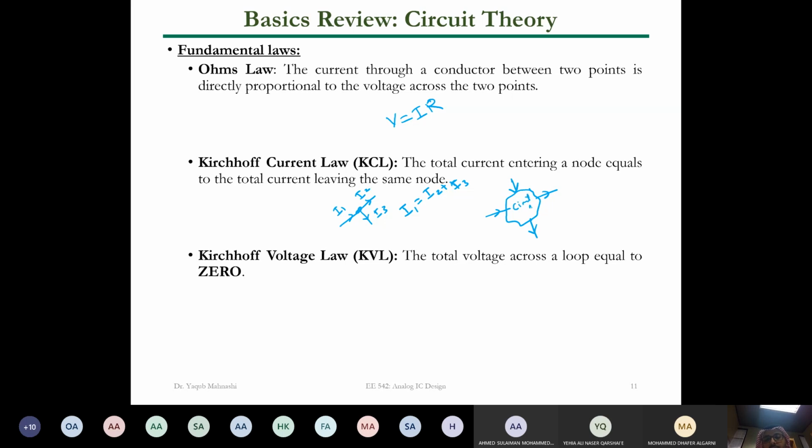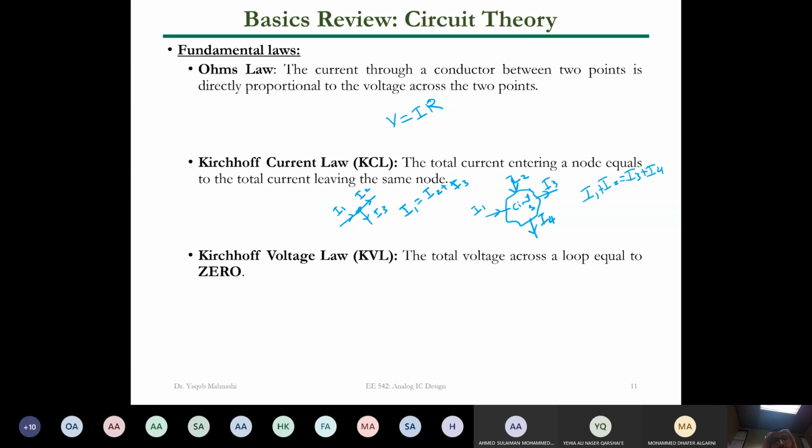So this is circuit 1, with I1, I2, I3, and I4. You can still apply the KCL here as I1 plus I2 equals I3 plus I4. We'll do this a lot in our analysis in 303.